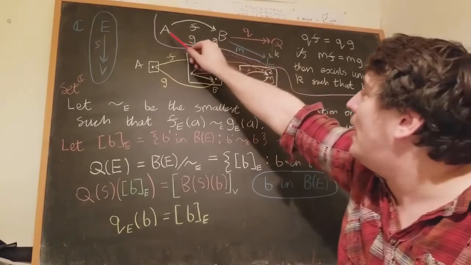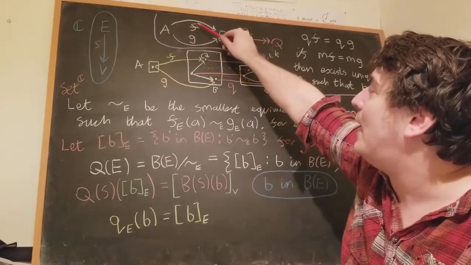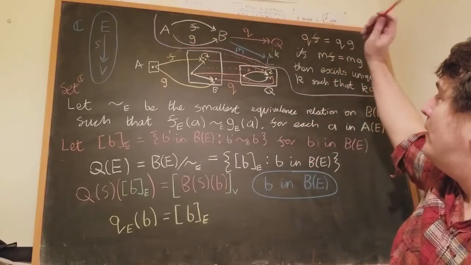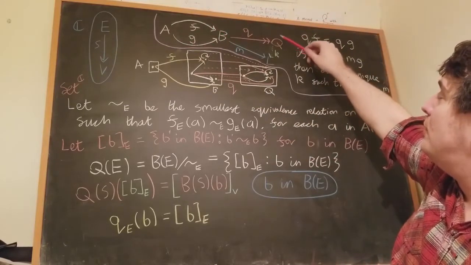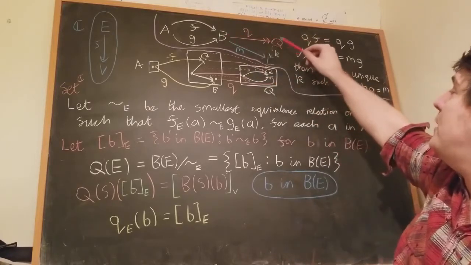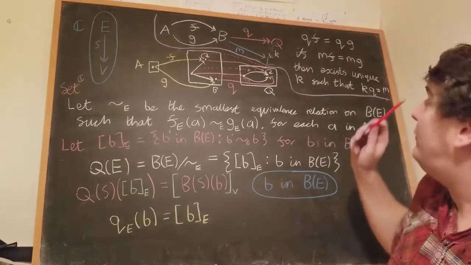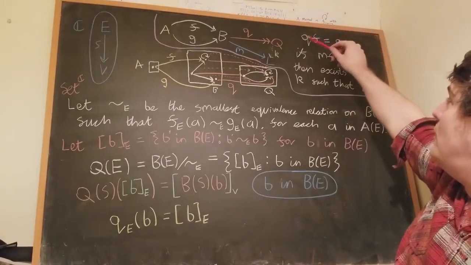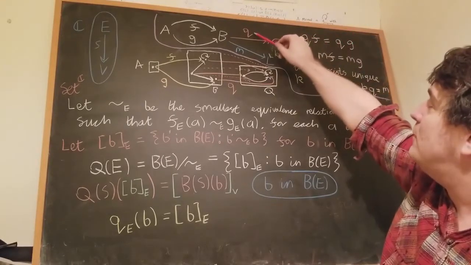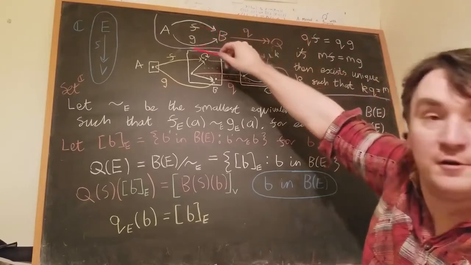The co-equalizer of this pair of parallel arrows, F and G from A to B, is this object capital Q with this arrow little q from B to capital Q. And it has to be such that q after F equals q after G. So we could say q co-equalizes F and G.